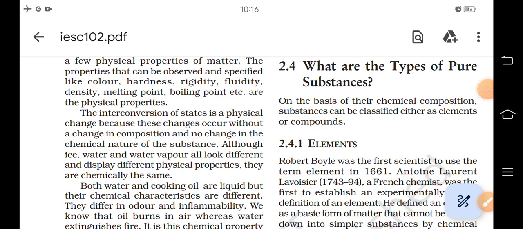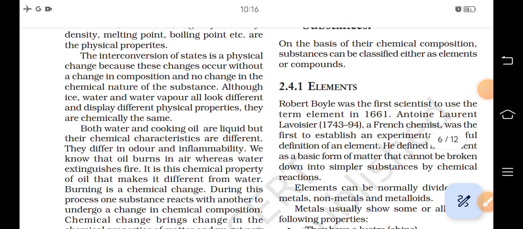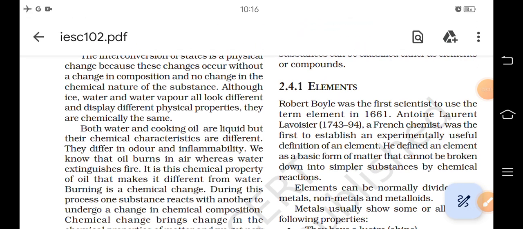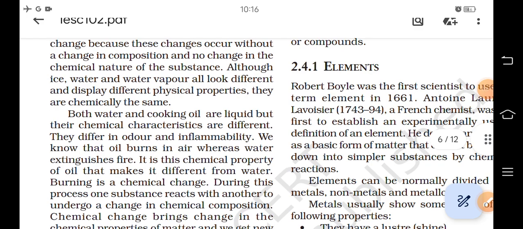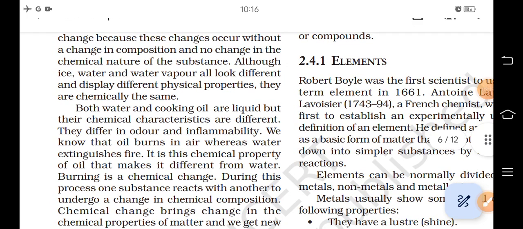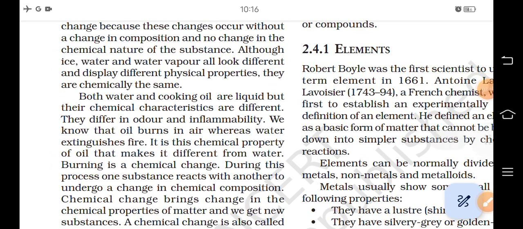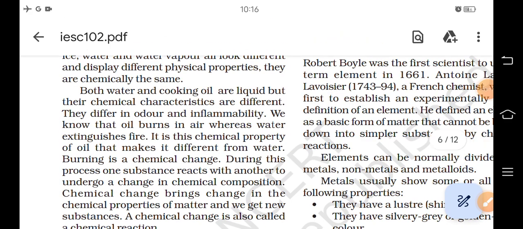The interconversion of states is a physical change, because these changes occur without a change in composition and no change in the chemical nature of the substance. Although ice, water, and water vapor all look different and display different physical properties, they are chemically the same.